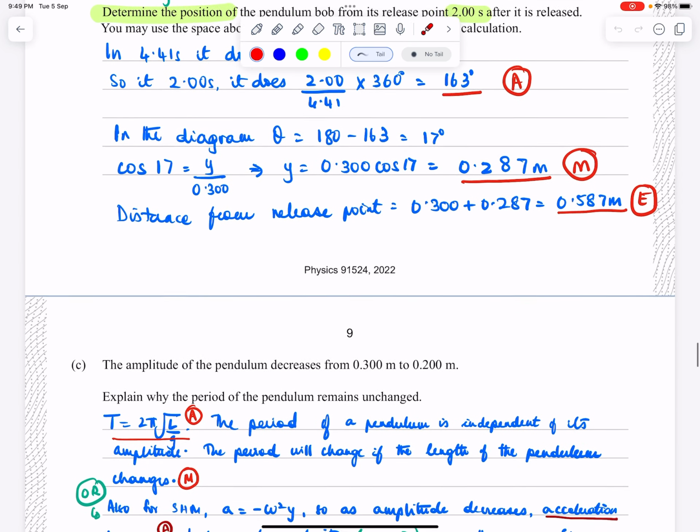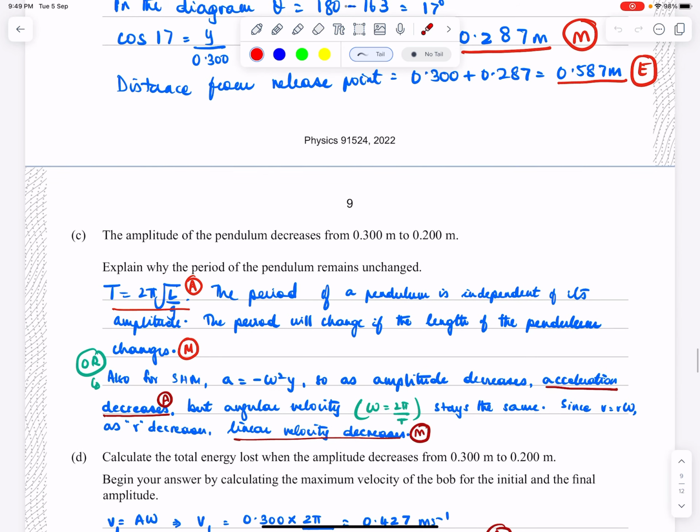Then the amplitude of the pendulum decreases from 0.300 meters to 0.2. Explain why the period stays the same even though the amplitude decreases. So the formula for the period is T equals 2 pi square root of L over g. So it's independent of, or does not depend on, amplitude. The only time the period will change is when the length of the pendulum changes. So you could say that. There's also another way of saying it.